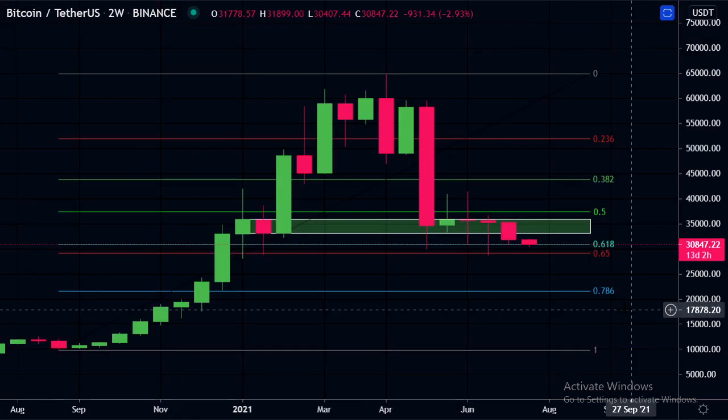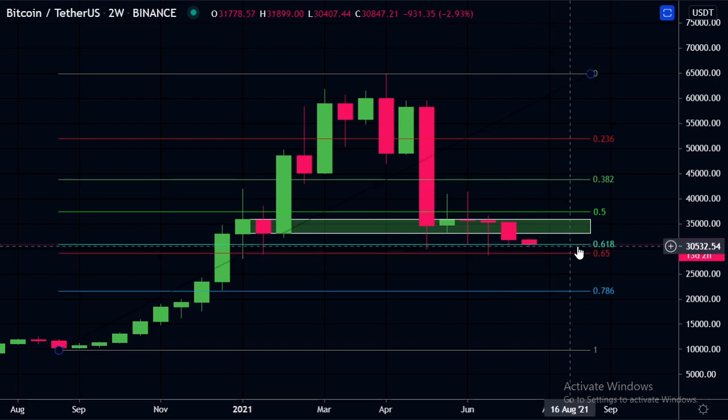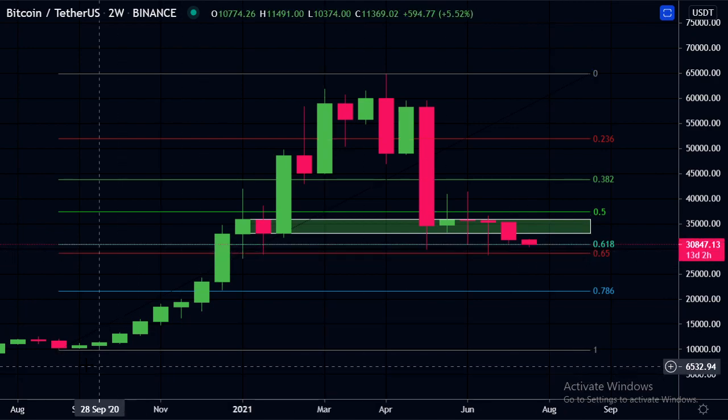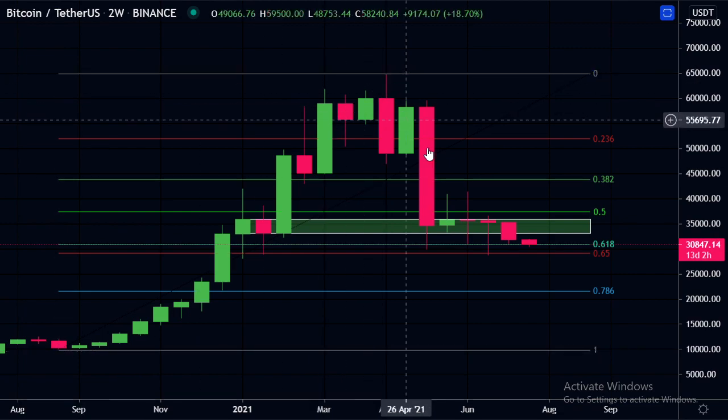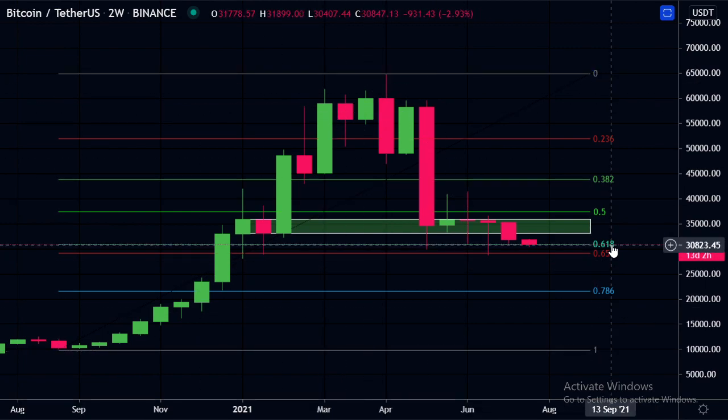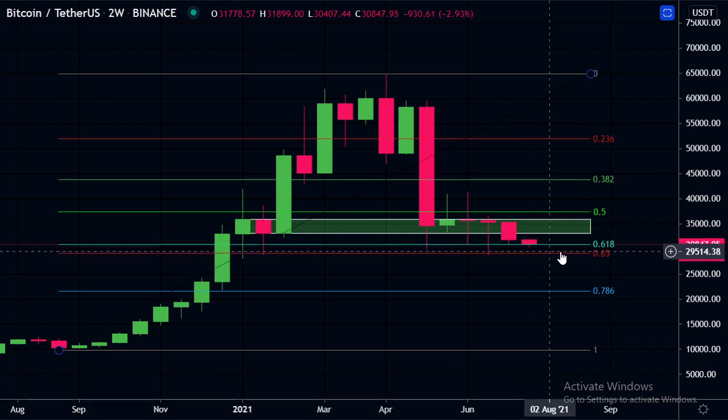And just to show you that golden pocket, that last one we were talking about, just taking it from the previous pullback. This is on the 2-week chart to the peak. Currently we are right on the 0.618 level, and the 0.65 level is around 29,000 even. So I would like to see Bitcoin stay in this area, at least close a weekly above this golden pocket area.